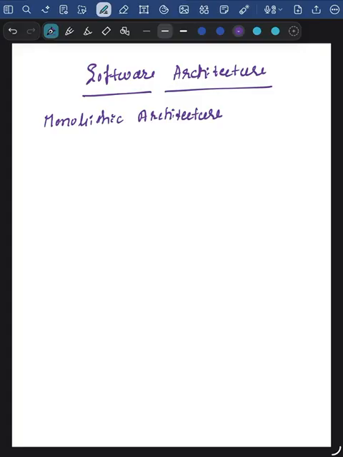Okay. The next one is layered architecture, okay. What is layered architecture? Here, the components and the units are arranged in such a way that they are in layers.